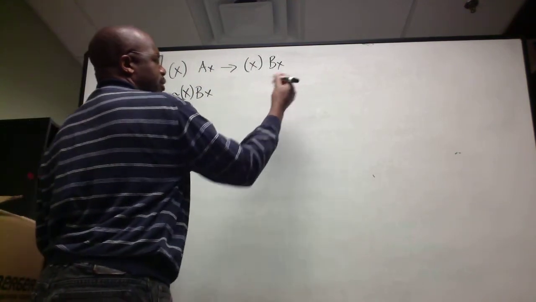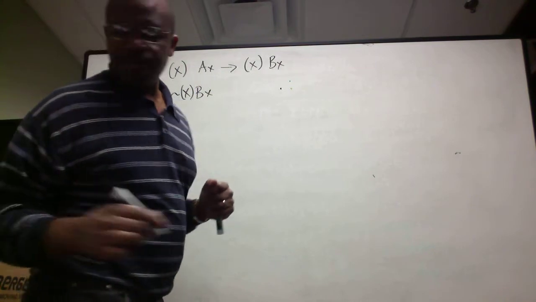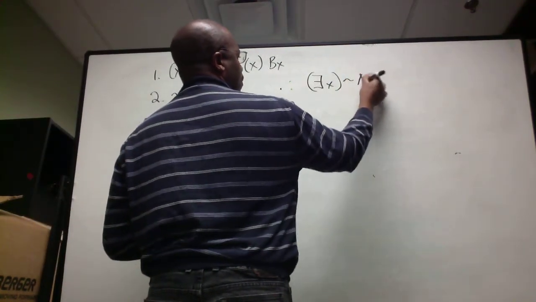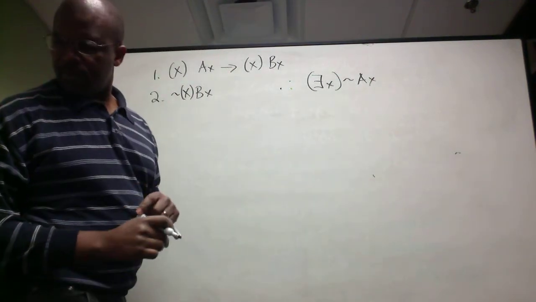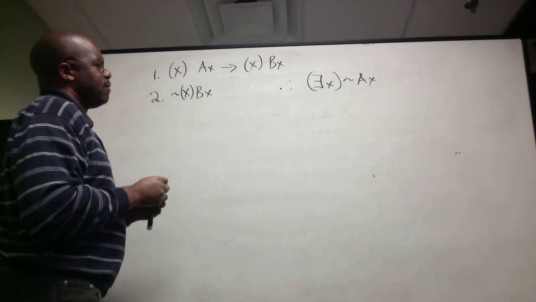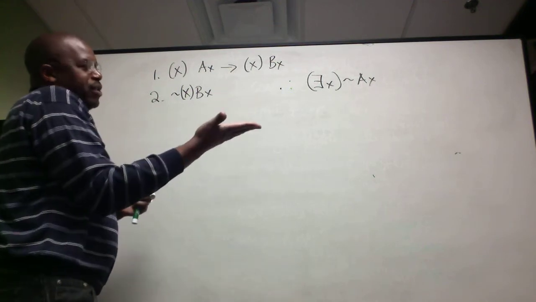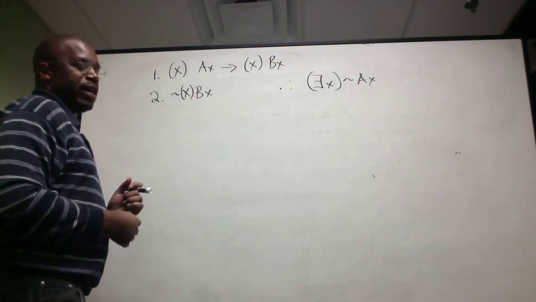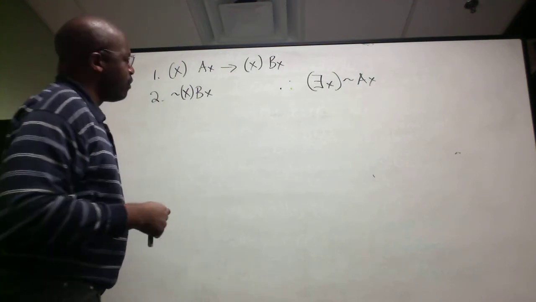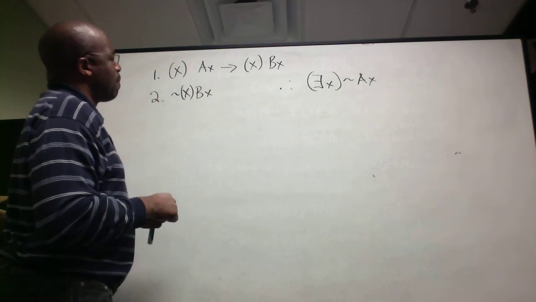Then the conclusion. I can use direct proof for this, or I can use quantifier negation. Not quantifier negation, but RAA. Let me just use direct proof and see how I can go.